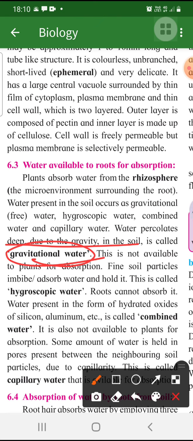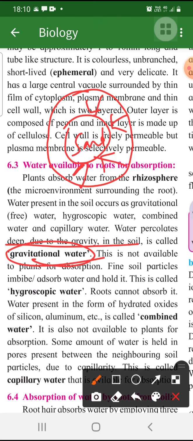Then second, hygroscopic water, which is attached around the soil particles. This is a sand particle, and the water is attached all around it. So that is hygroscopic water.